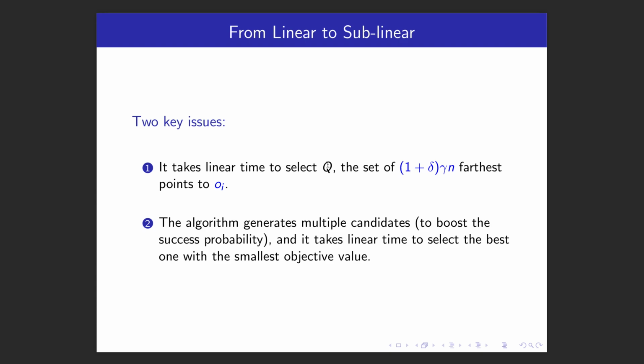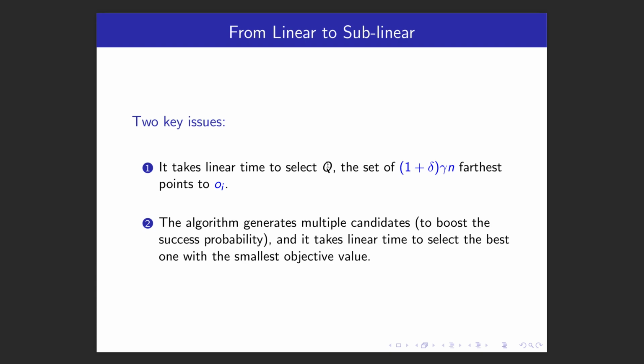And second, because we need to repeat the algorithm multiple times to guarantee a constant success probability, we get multiple candidate solutions. For each solution, we need to compute its objective value, and that takes linear time. So for this part, we also need to run the whole approach in linear time.